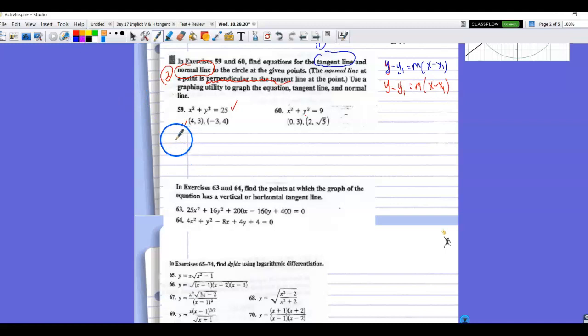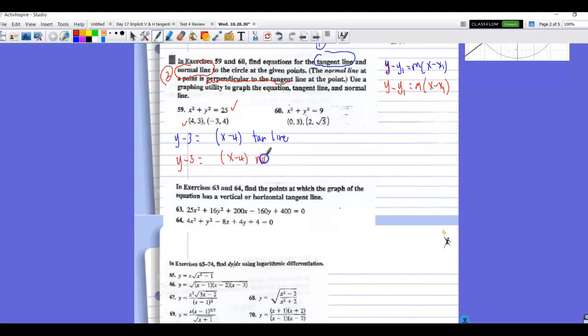So let's start our tangent line. We have y minus 3, substituting the y value, I don't know the slope yet, is equal to m times x minus 4. That would be the tangent line whenever I find the slope. And then the equation of the normal line would also be y minus 3 equals m times x minus 4.